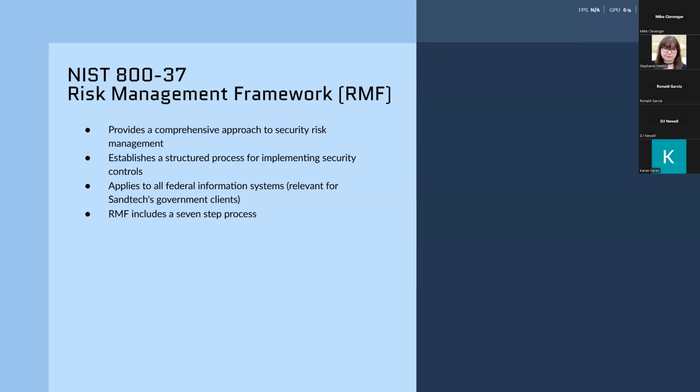Assessment, assessing the effectiveness of the implementations relying on the previous steps' considerations. Step 6, authorization involves authorizing the system to operate based on the results of the assessment. And finally, monitoring. This last step relies on constant monitoring of the current established security controls to make sure that they remain effective.